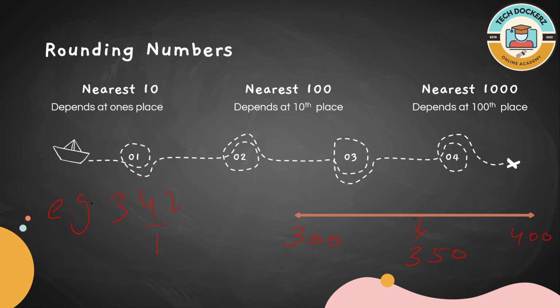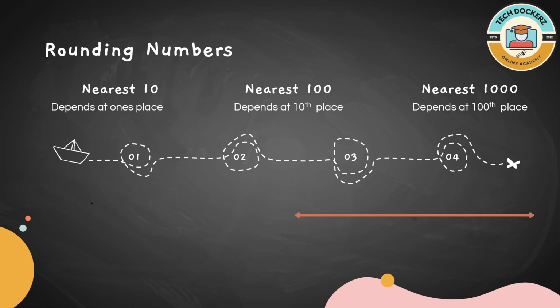What is the place value at the tens place? It is 40, which is less than 50. All right. Write down your number, which will fall here, 342. So the tens place is less than 50. The number will reduce to the nearest 100, which is 300. So 342 will round to the nearest 100, which is 300.